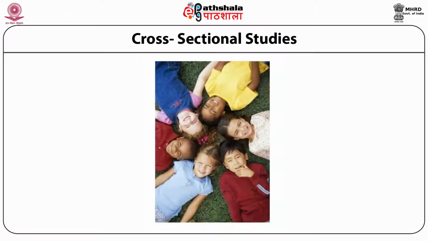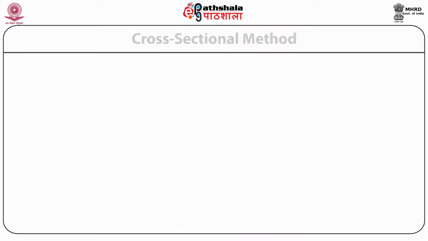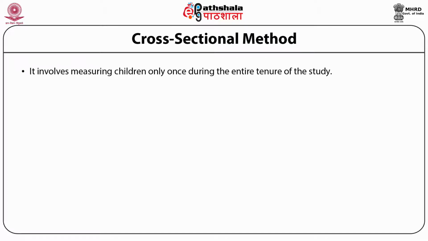In this slide, you can see a group of children belonging to the same age group. They represent cross-sectional studies, and how they represent this, we can see in the next slide. A cross-sectional method of studying human growth involves measuring children only once during the entire tenure of the study.